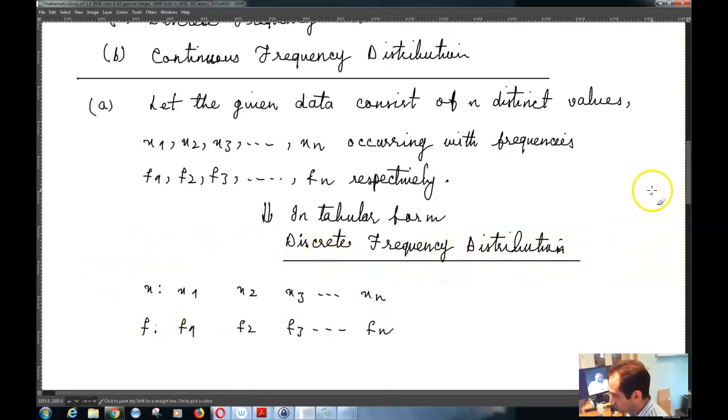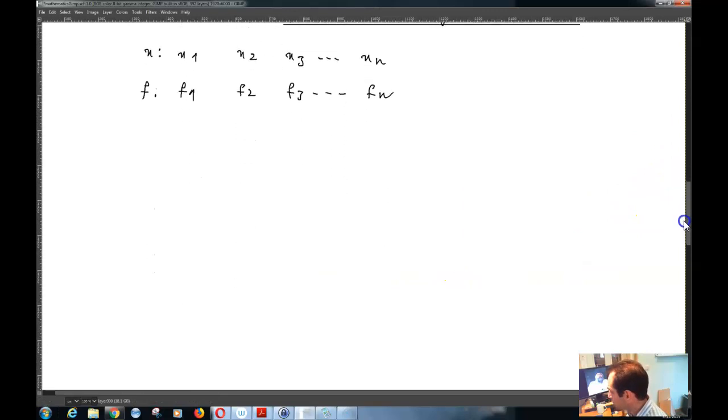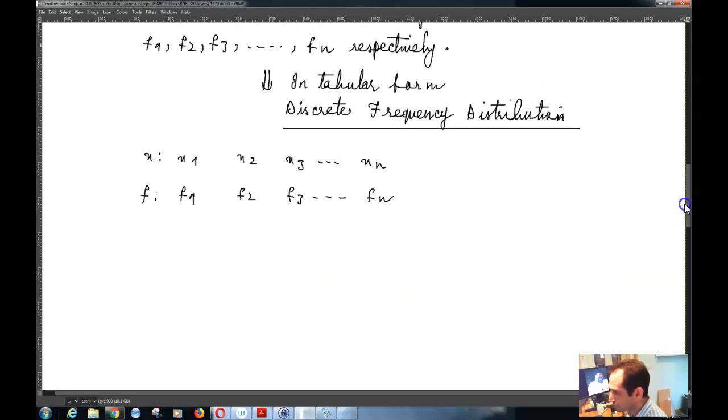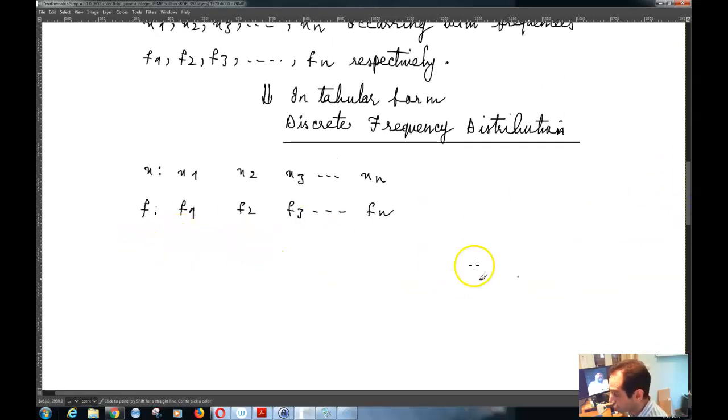And if that is the case, then the mean deviation about the mean.